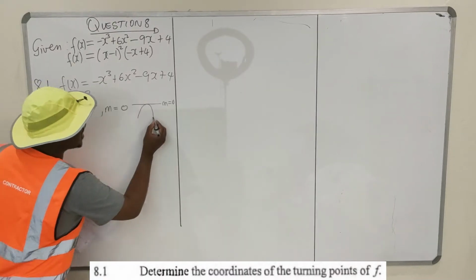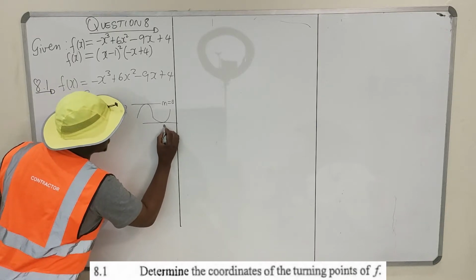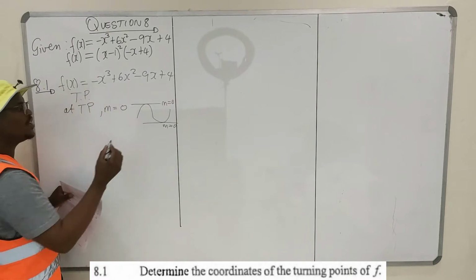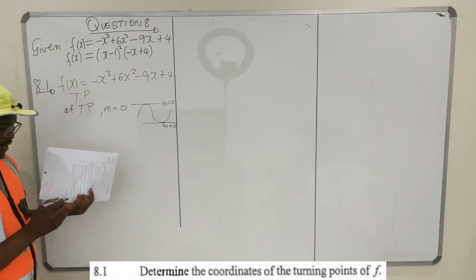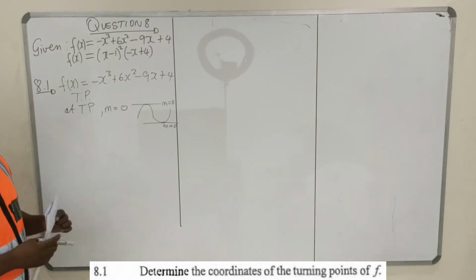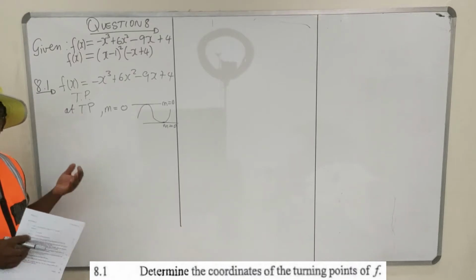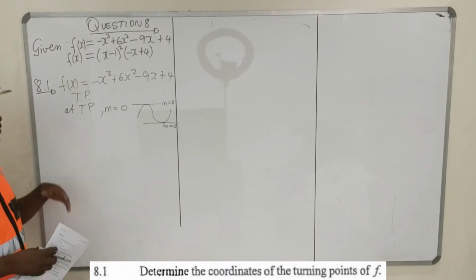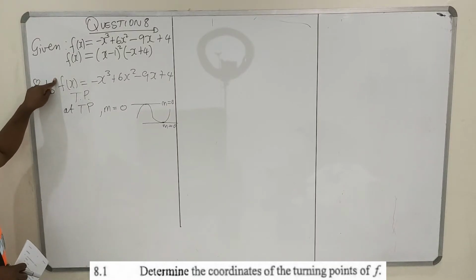Even if it's turning maybe down here, the only tangent that you can draw at the turning point will have a gradient of 0. So what you know is that at the turning point of a function, the gradient is 0, right? No problem. So we know that where f turns, the gradient is 0.